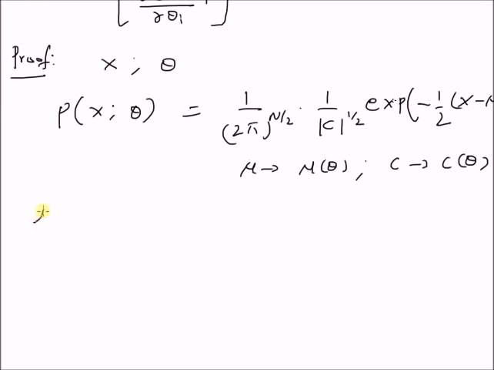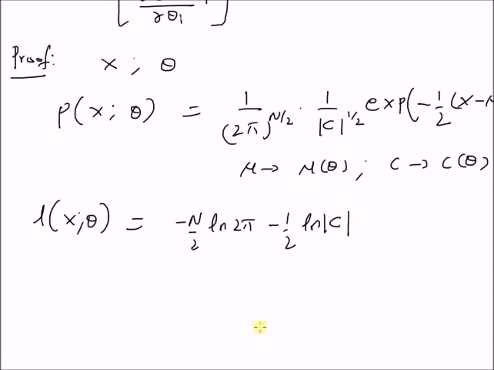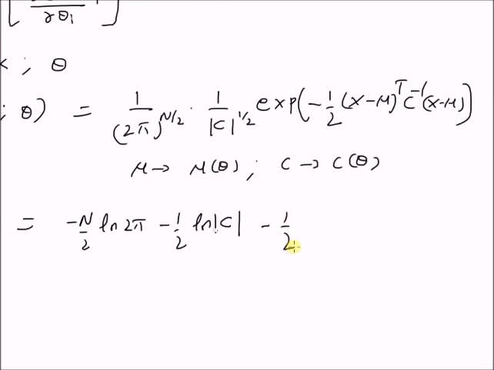So the log likelihood function L of x, the parameter vector theta, is given by minus n by 2 log of 2 pi, minus 1 by 2 logarithm of the determinant of the covariance matrix C, minus 1 by 2 (x minus mu) transpose C inverse (x minus mu). So this is the log likelihood function.